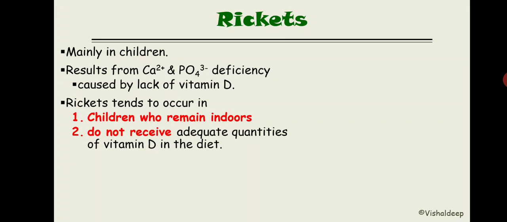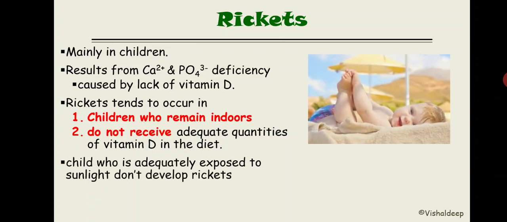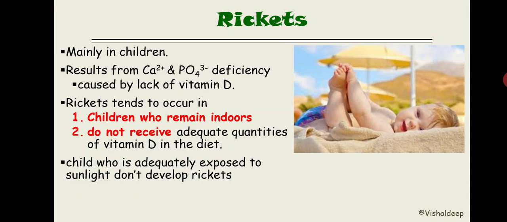The parents do not allow the child to go outside and play outdoors. The children remain indoors and do not even receive enough vitamin D in the diet. This does not happen most of the time in Indian culture. A child who gets adequate exposure to sunlight does not develop rickets.